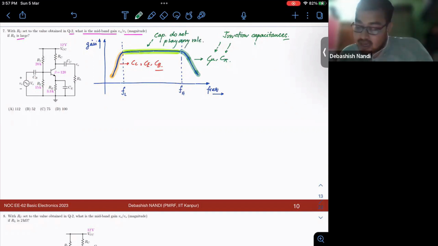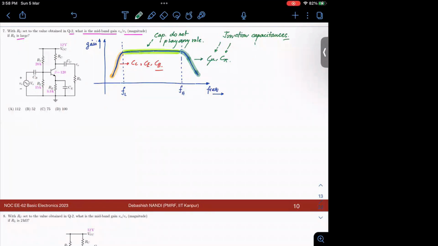Can you tell me how I can say that in the mid region capacitances do not play any role from this plot? Anyone, please unmute yourself, and it is very interesting actually. These are some basic concepts which I am poking you on every time to see whether you know it or not, whether you are getting the essence. Because it is constant.